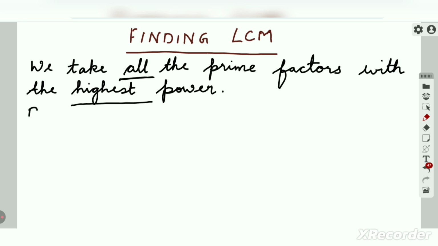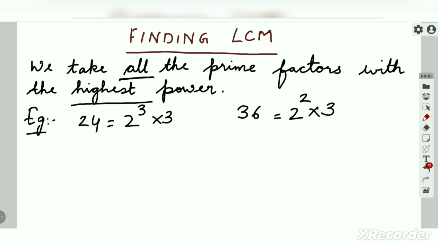Again, coming back to our example, 24 was 2 cube into 3. 36 was 2 square into 3 square. What are all the prime factors? They needn't be common. You have to write down all the prime factors of 24 and 36. Those are 2 and 3. Next, you have to consider the highest power.